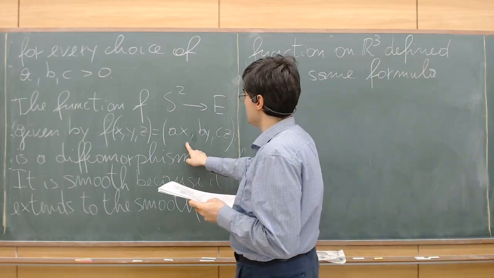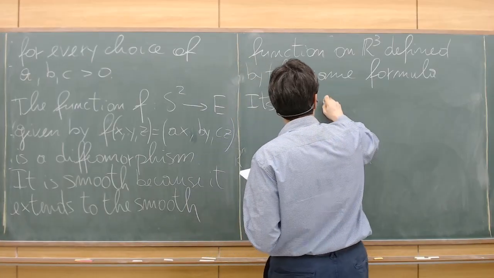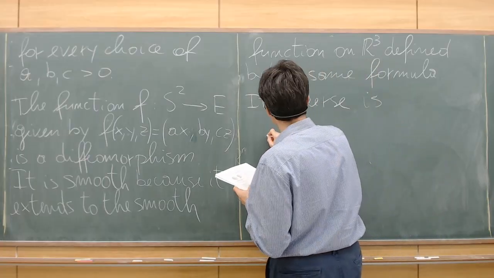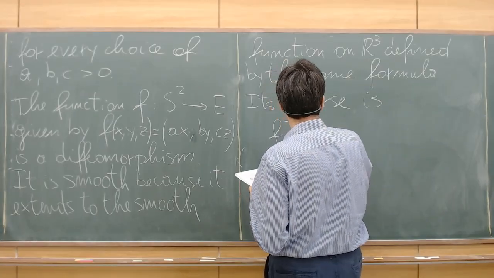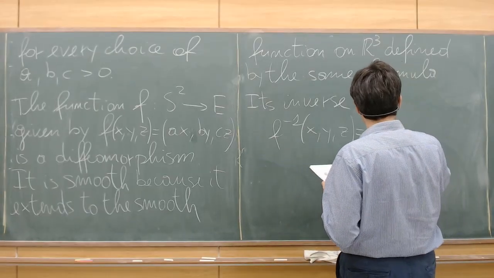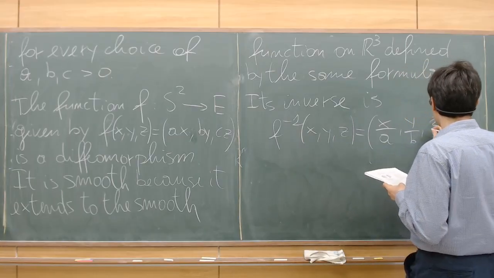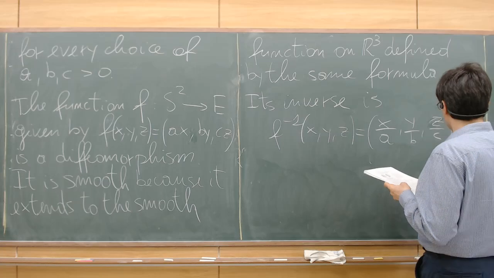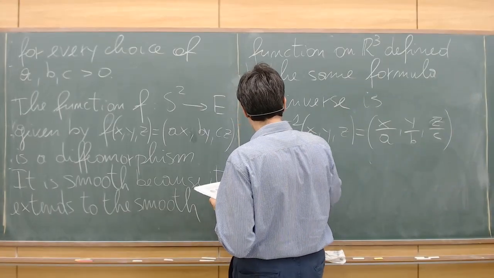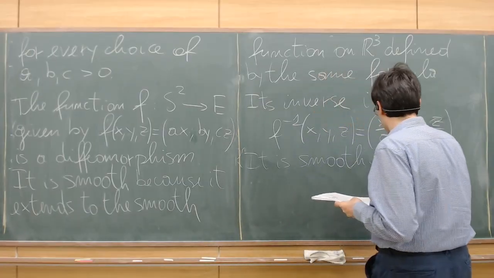Its inverse is easy to find, so its inverse is given by f inverse of x, y, z equal to x over a, y over b, z over c, which is smooth for the same reason.